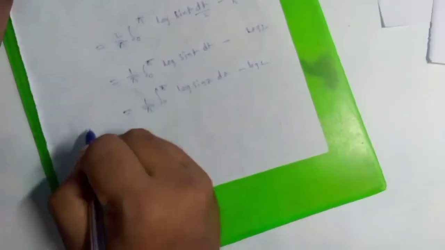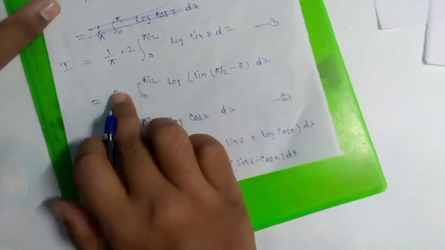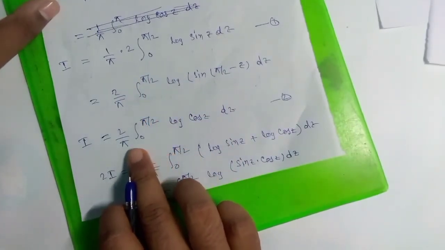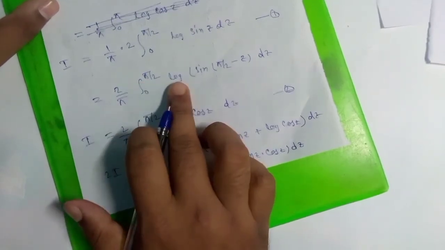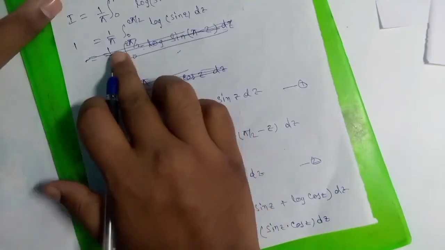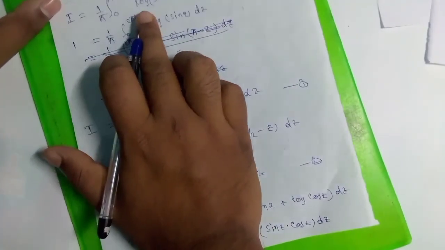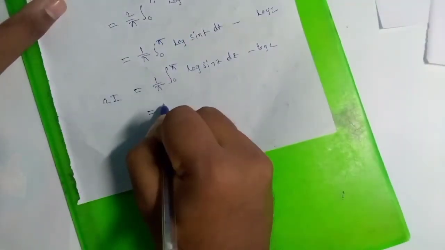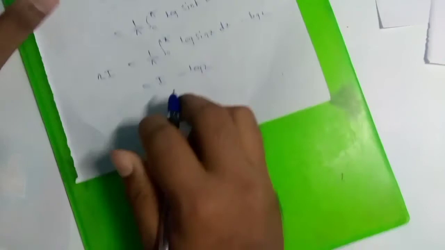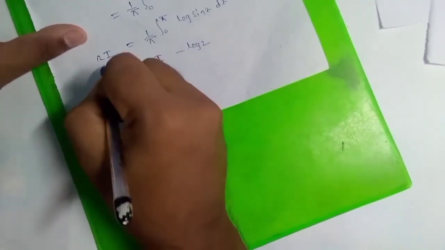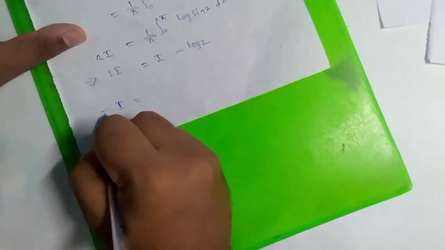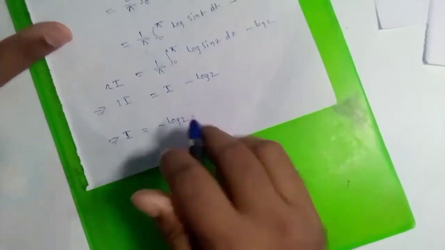So this is 2I. Earlier we considered I is equal to 1 by pi integral 0 to pi log sin z dz, so this will be I equal to minus log 2, therefore I is equal to minus log 2.